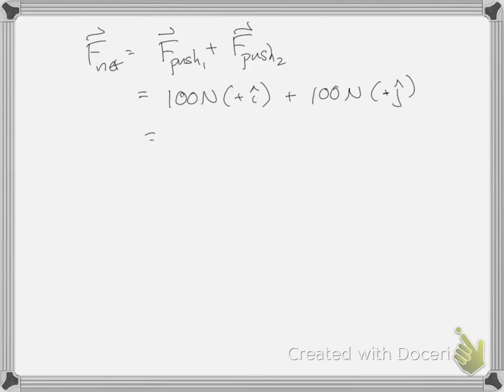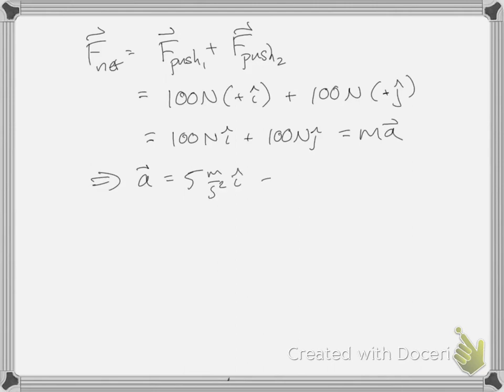There it is, it's already there, but I'm just going to rewrite it. 100 newtons i plus 100 newtons j without the extra plus signs. And the net force is equal to ma. So therefore, the acceleration, whoops, my screen screwed up. Okay, the acceleration is, the m was 20 kilograms, so I can divide both sides by 20. 100 over 20 is 5 meters per second squared in the i direction, plus 5 meters per second squared in the j direction.